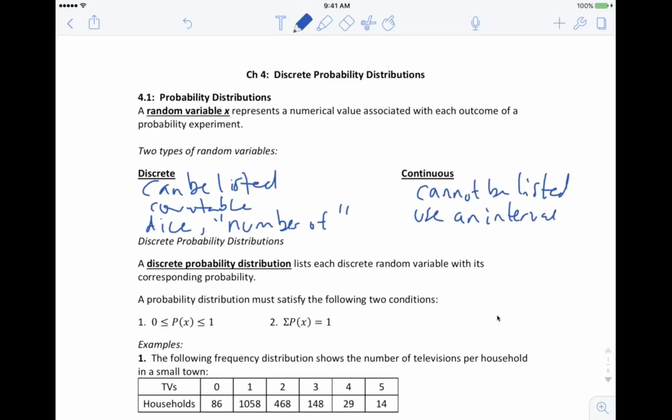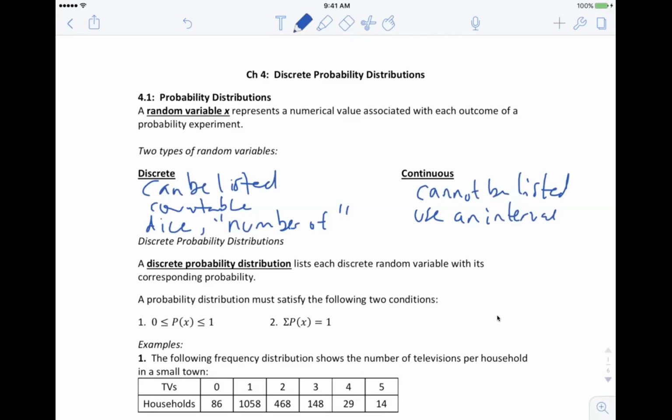Some examples are weight, height, distance, time. You'll never be able to list all possible heights, for example, right? Because you could say 57 inches or 57.5 inches or 57.53 inches. You get it? It's impossible to list them all because there's all those fractions between, right? So you would use an interval.